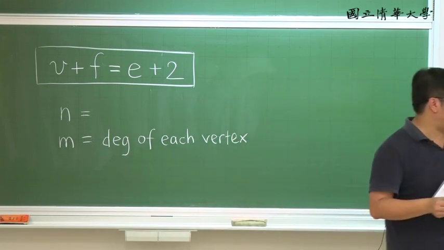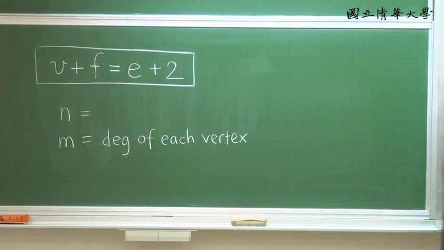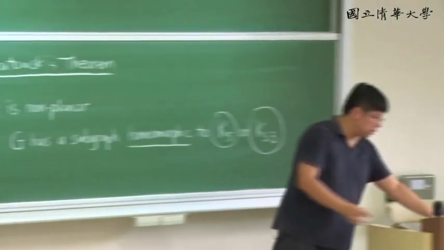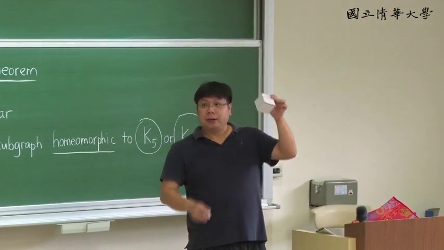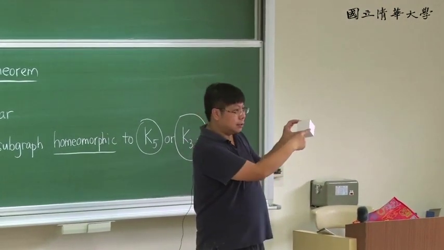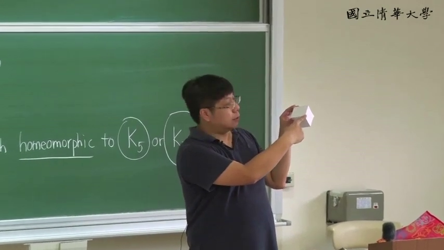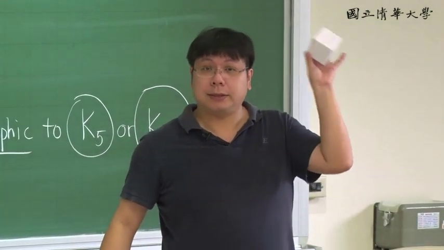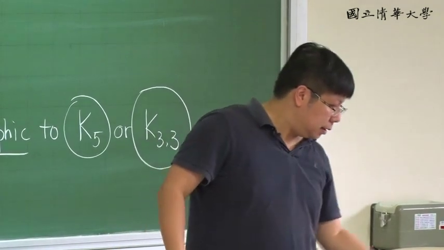If you look at this cube, each vertex is joined to 1, 2, 3 edges. So in this case, the degree is 3. Is that okay?